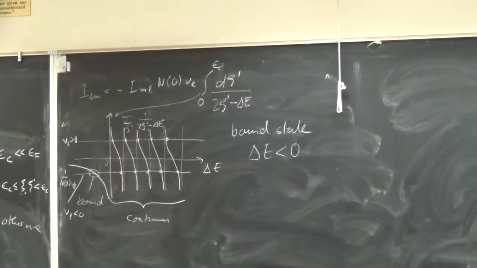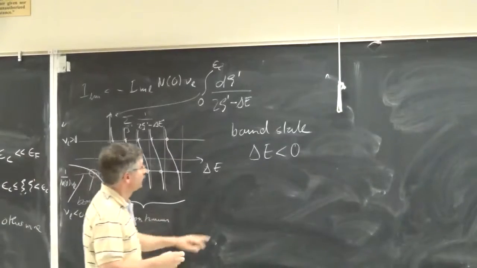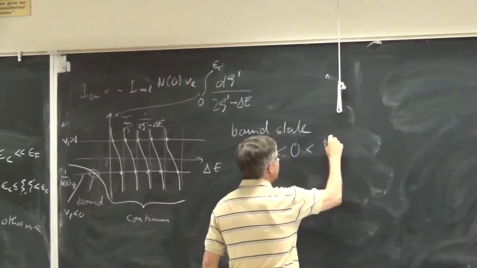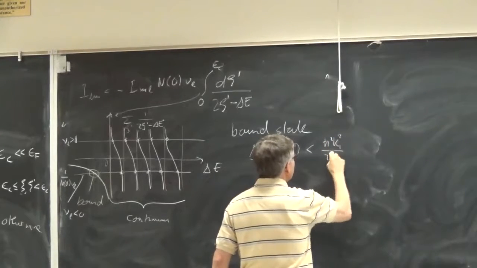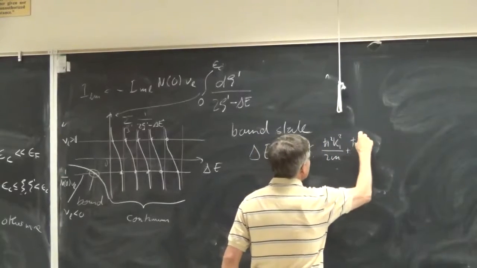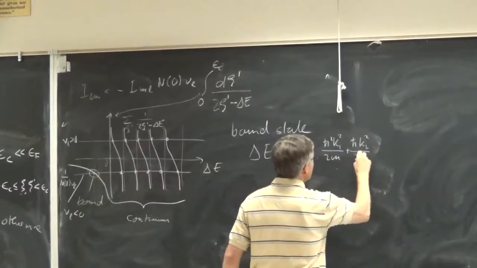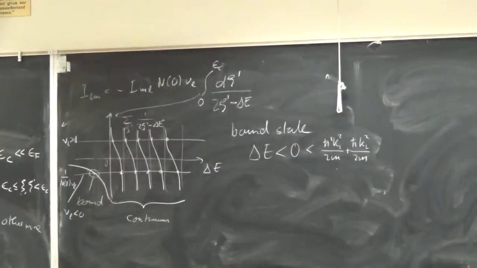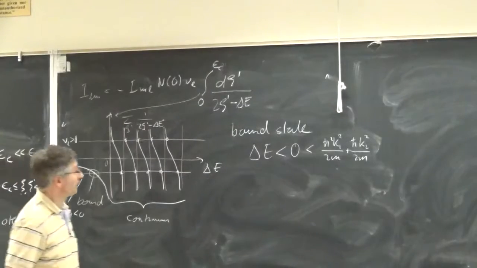If I add 2 particles above the Fermi energy, this should be, of course, smaller than just having these 2 particles above the Fermi energy.